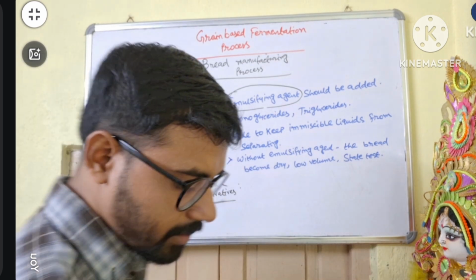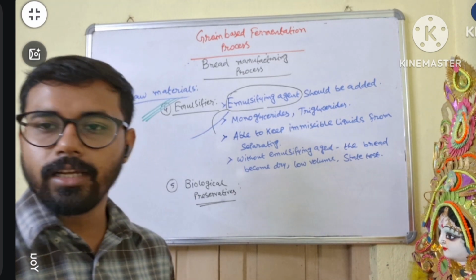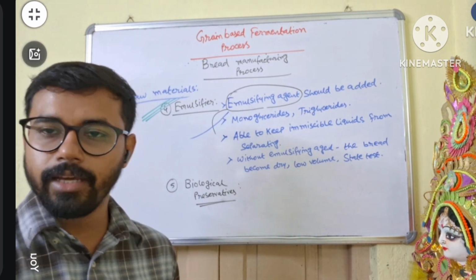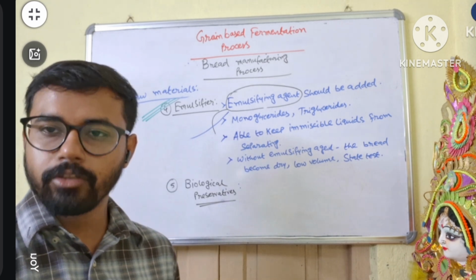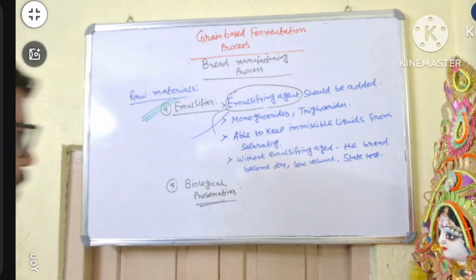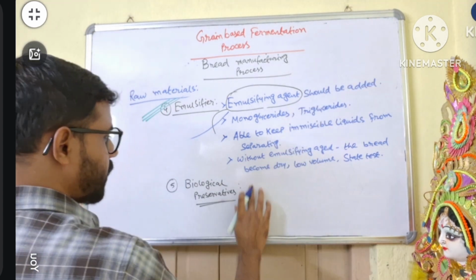That is another scenario that is distinct from other manufacturing processes, because other manufacturing processes do not need any preservative process, but here it is needed because the bread is perishable, so we have to increase the shelf life of this product. That is why preservatives should be added, biological preservatives mainly.